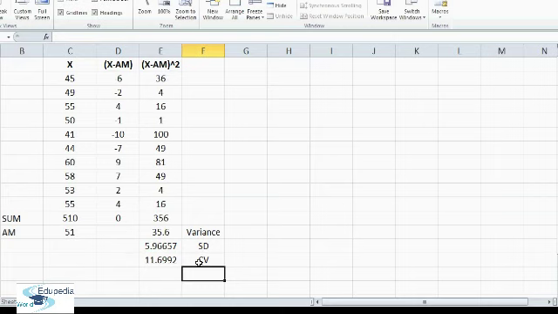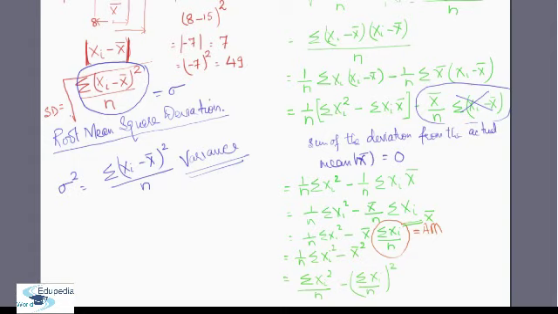Okay, so let me give that here. Coefficient of standard deviation or coefficient of variation, CV, is simply the standard deviation divided by the arithmetic mean into 100.